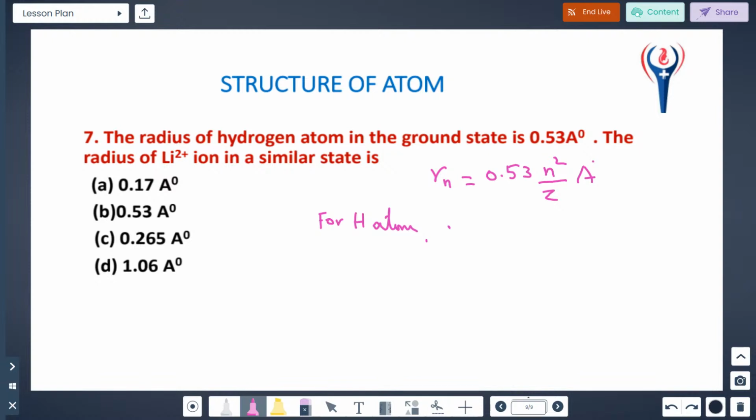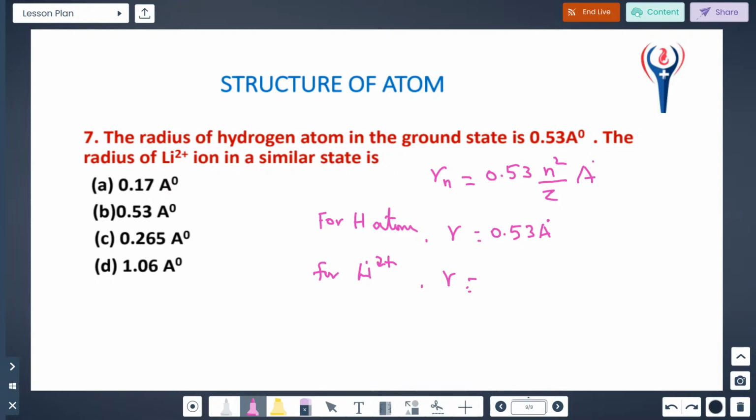That is already given in the question itself. Then, similarly, the radius of the lithium 2 plus ion is the question they are asking.